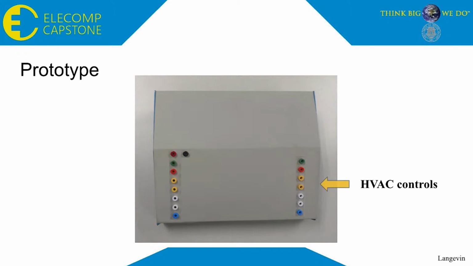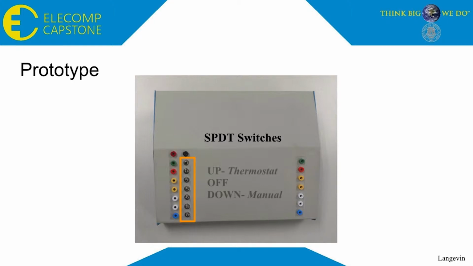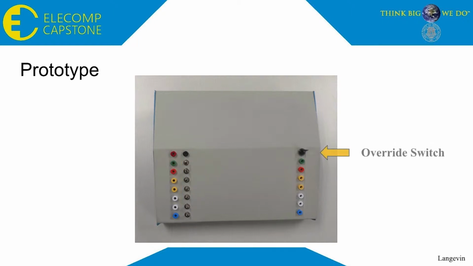The 7 individual HVAC controls going out to the HVAC unit. The 7 individual single-pole double-throw switches. These switches have 3 positions, which for up is thermostat control, down being for manual on, and middle being off. We also included a manual override switch to control all of the on-off states of the signals.